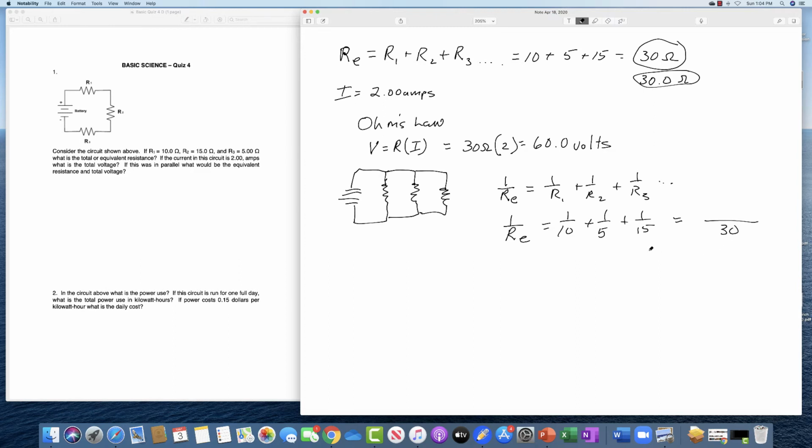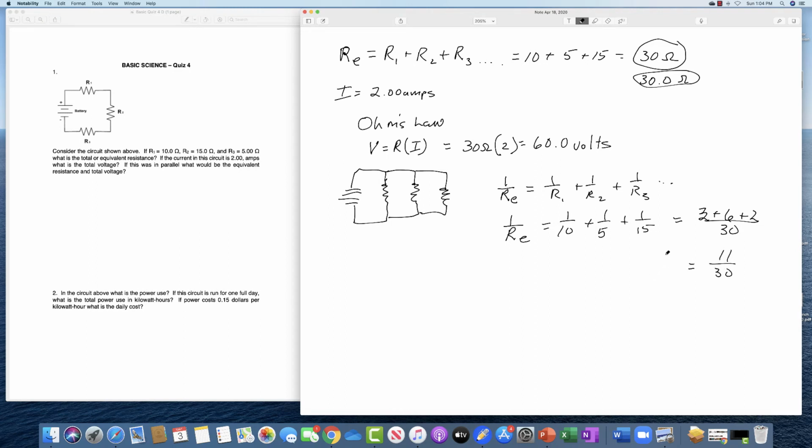That is the smallest number that all 3 numbers will divide into and have a whole number. So 10 divides into 30 3 times, 5 divides into 30 6 times, 15 divides into 30 2 times. If you add those three up, you get 11 over 30.